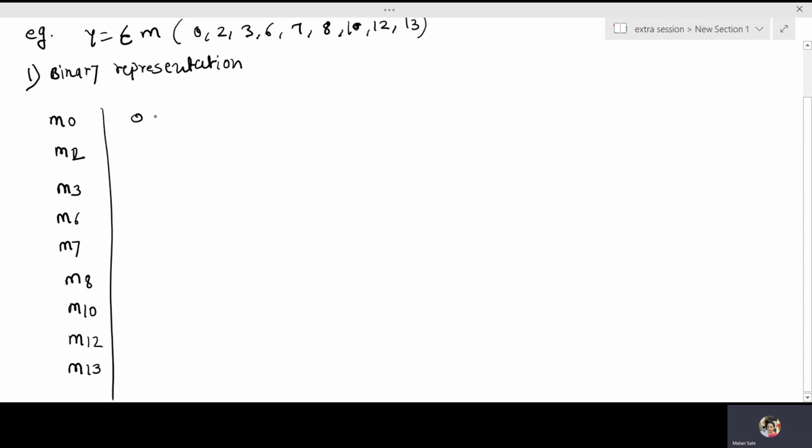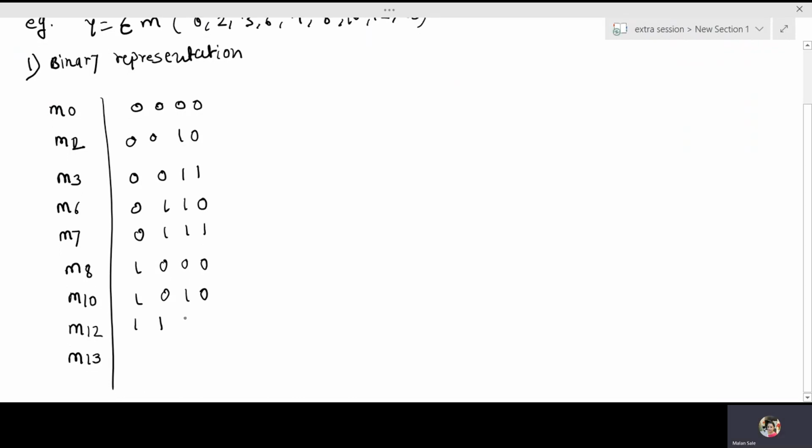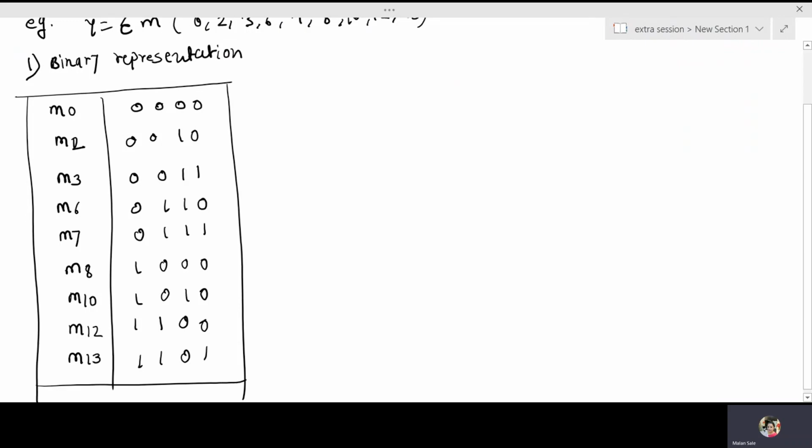Binary representation is 0000, 0010, 0011, 0110, 0111, 1000, 1010, 1100 and 1101. This is the binary representation for the given minterms.